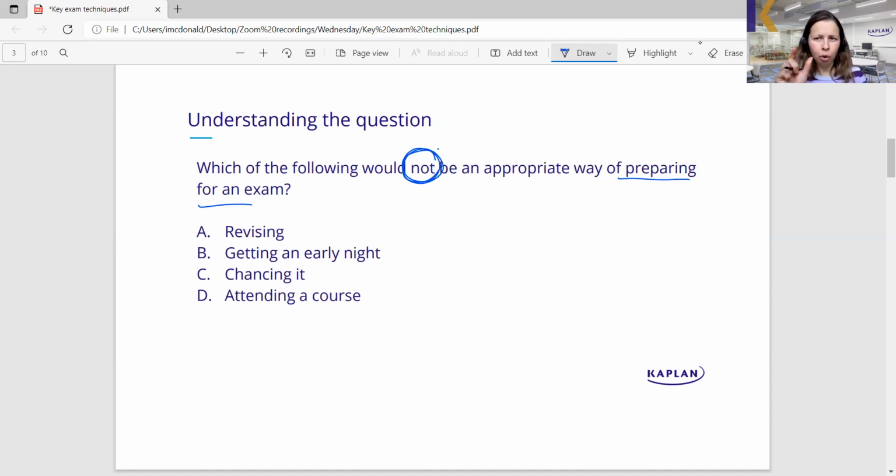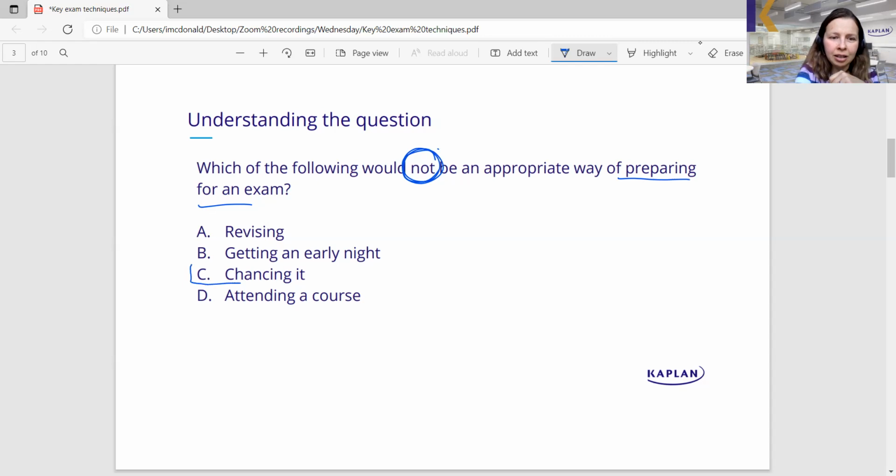And this little word, not, just 3 letters, completely turns the question around. You go, okay, so what should I not be doing when preparing for the exam? Clearly revising makes sense. Getting an early night makes sense. Attending a course makes sense. There must be an option that the examiner wants me to choose.